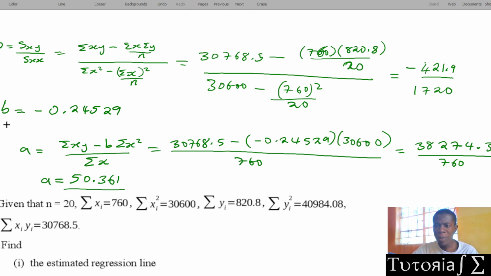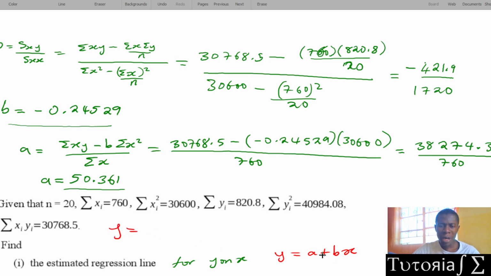So we found our b, we found our a. Now the estimated line of regression. So this is for y on x. Let me use a red pen. For y on x, y is equal to a plus bx, meaning that the line of regression will be y equals our a. What is our a? So we replace a.